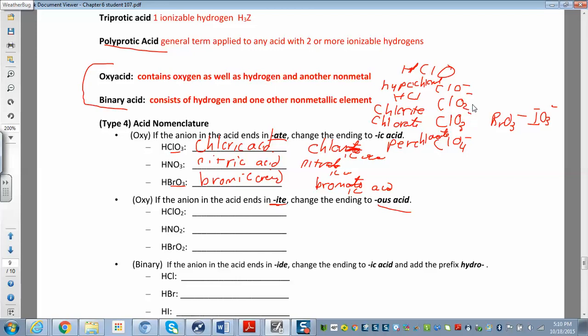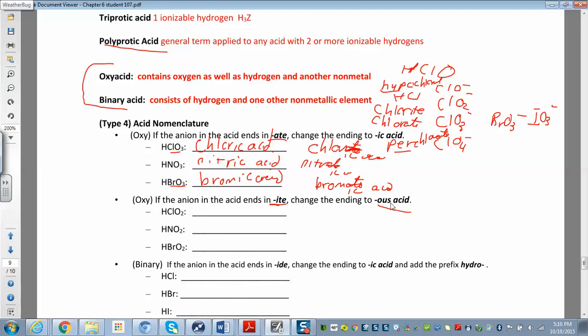To go from chlorite to hypochlorite, you just get rid of another oxygen, and if you want to add one, you add another prefix, per. So these are the prefixes: hypochlorite, chlorite, chlorate, perchlorate. The ates are going to have more oxygens than the ites. This also works for the bromine series. So you have bromate, bromite, hypobromite, perbromate, and iodate, iodite, hypoiodite, periodate.